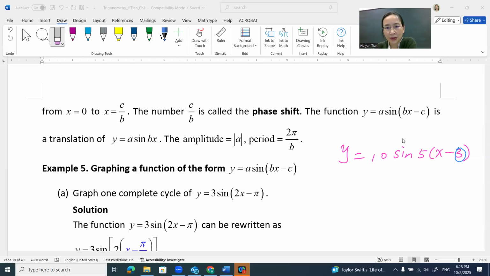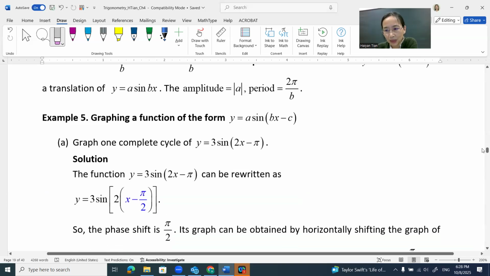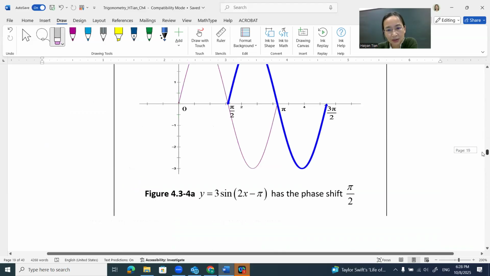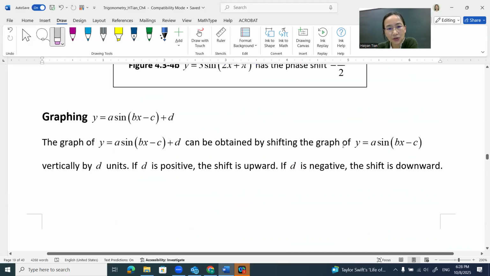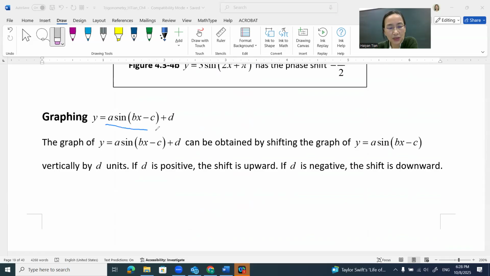Okay, so far we have graphed different variations of a sine function and covered almost all cases except for this case. Suppose you can do all this, and suppose I can still add a number. What does this number d do? If d is not 0, that's going to affect the y, the function value, right?